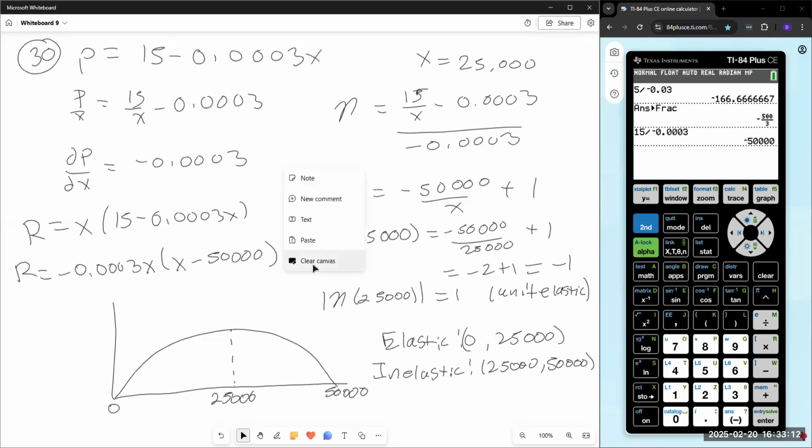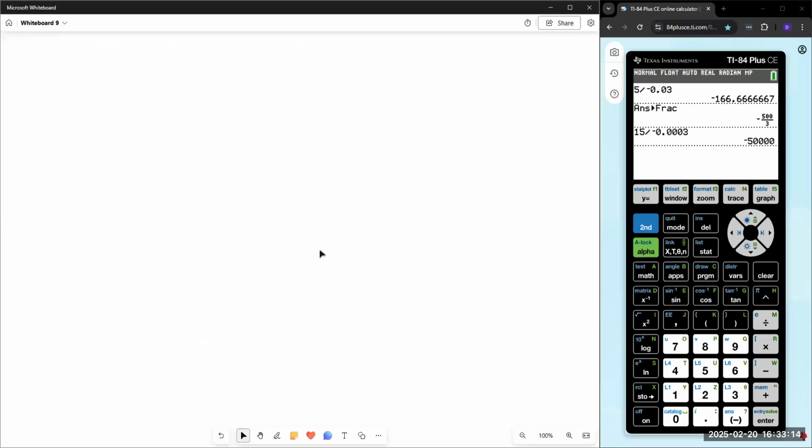So 31 gives us our demand function P for price is equal to 500 over X plus 2. And our given demand quantity is 23.